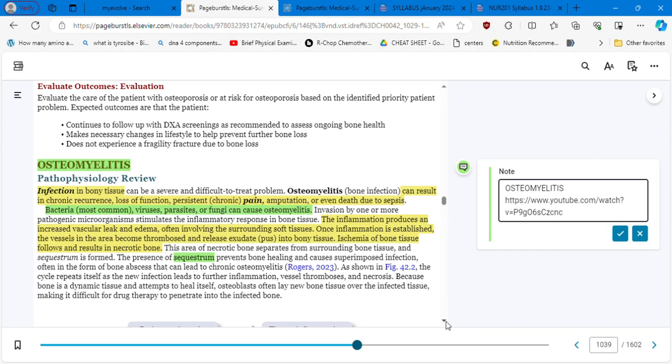Okay, so this inflammation produces an avascular type of tissue that is called sequestrum. It's an amount of cells inside of the bone that get separated from the Haversian system. So there's no way blood or these white blood cells can attack, and neither can the antibiotics get in.